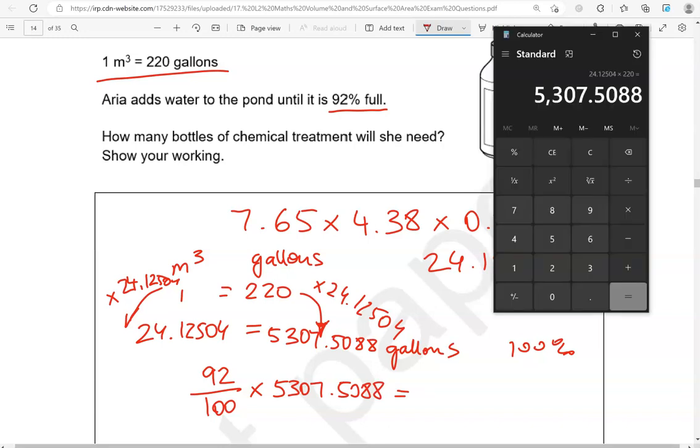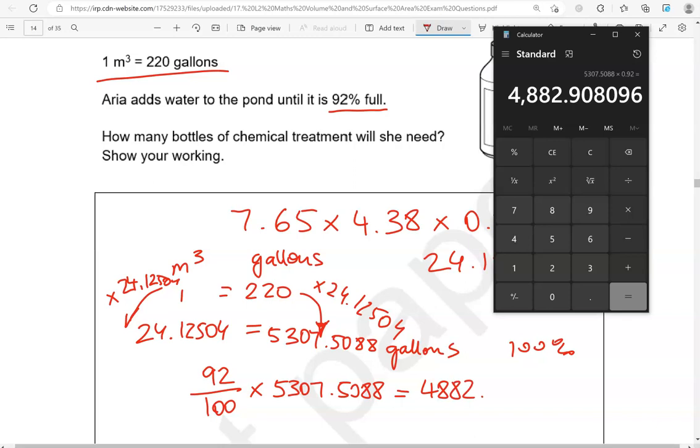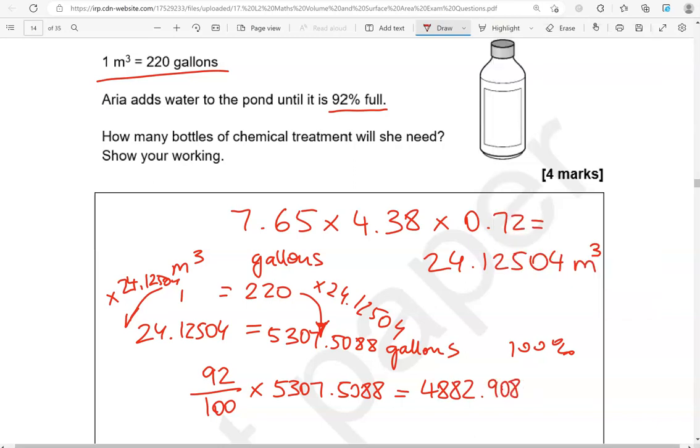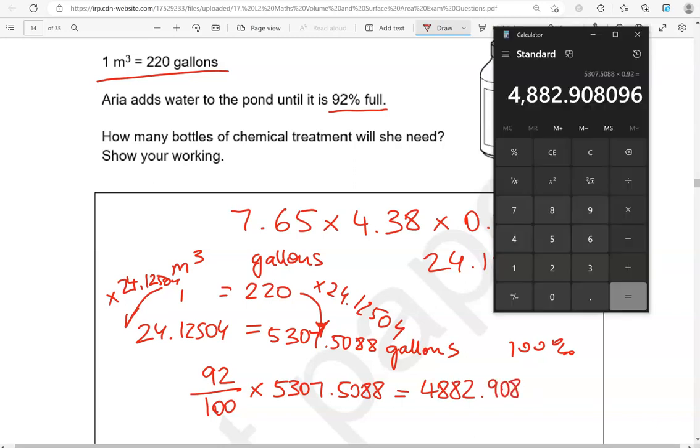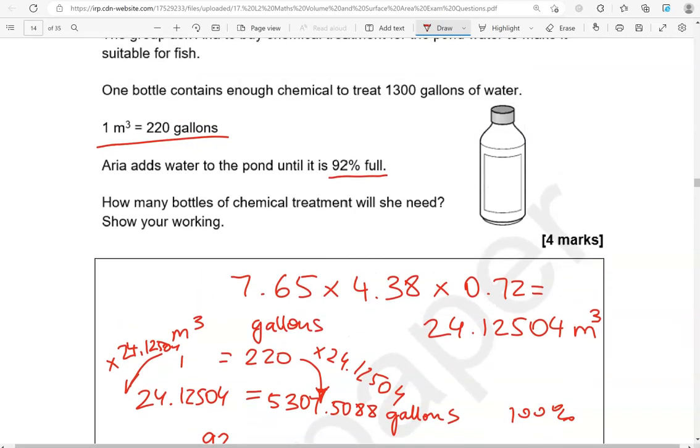So it's like multiplying the number by 0.92, which gives us 4,882.908096. So that's how many gallons of water will be in the pond.